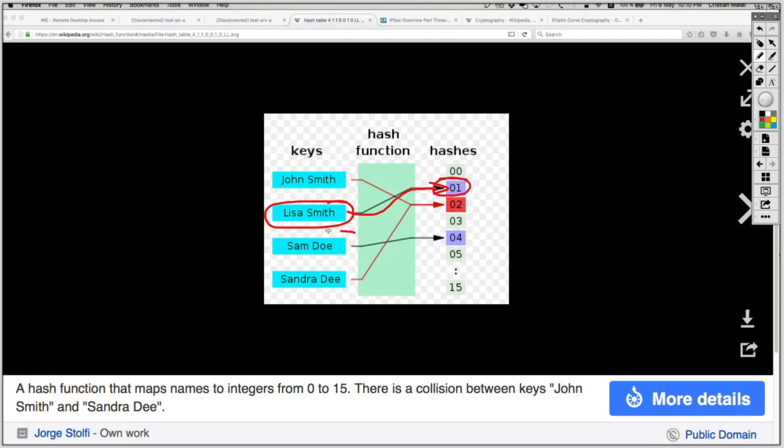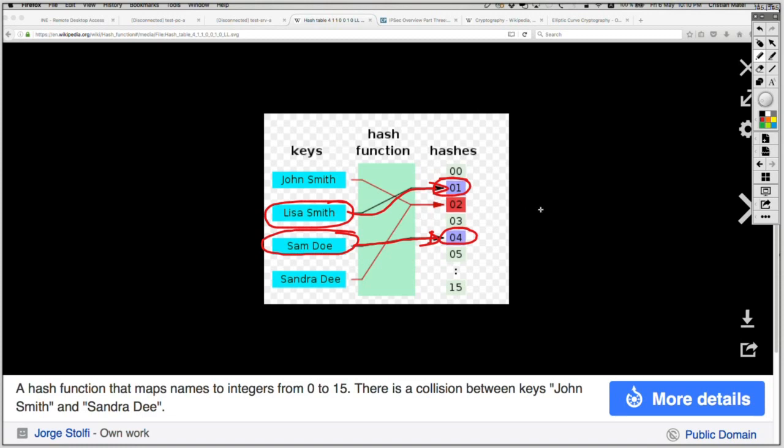If you take Sam Doe as the input, it's clearly a different packet size. You put that packet inside the hashing algorithm, and you end up again with a fixed hash value, with a value of 0, 4. So the size is fixed, but of course the hash result is different.